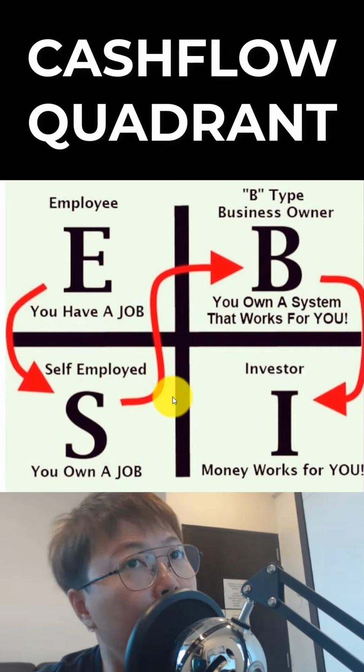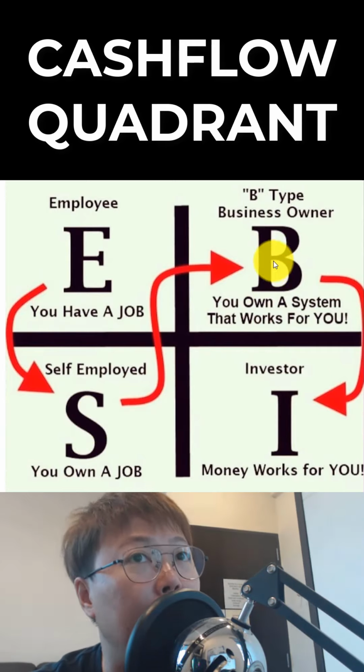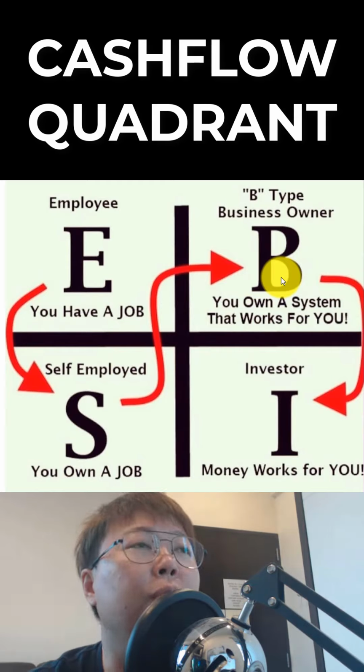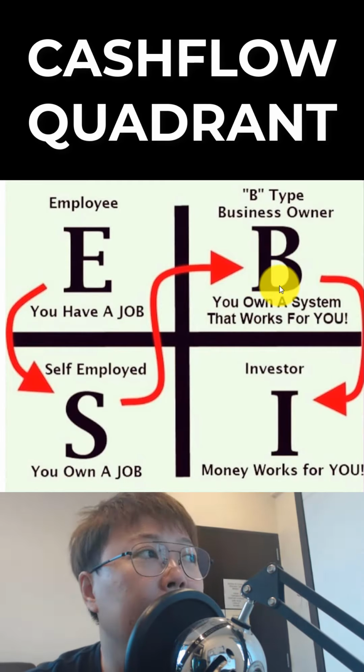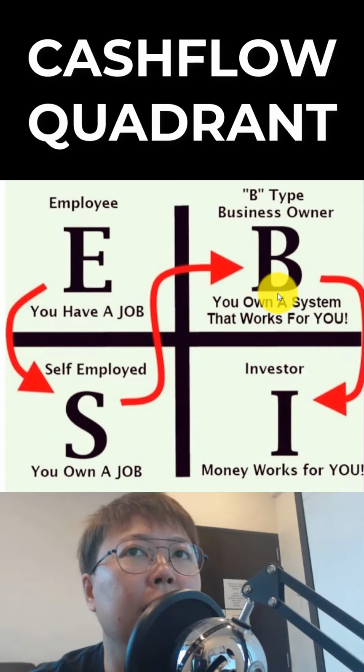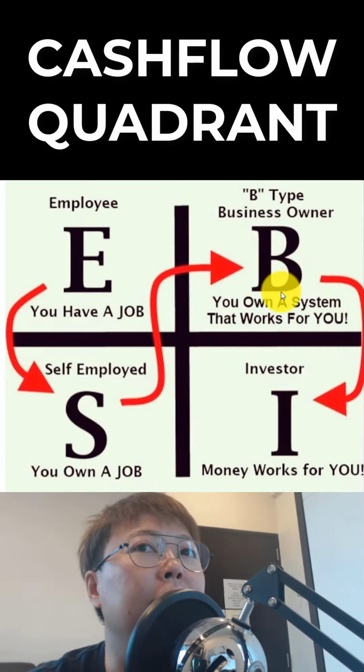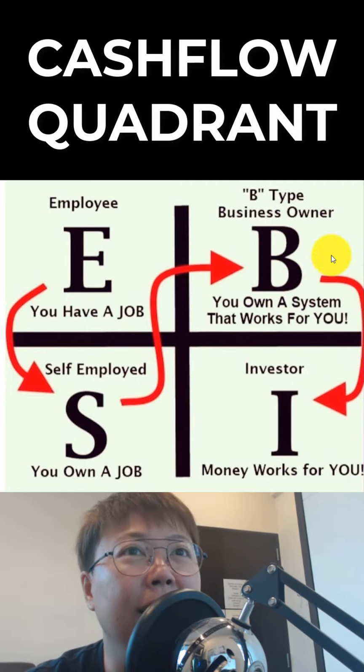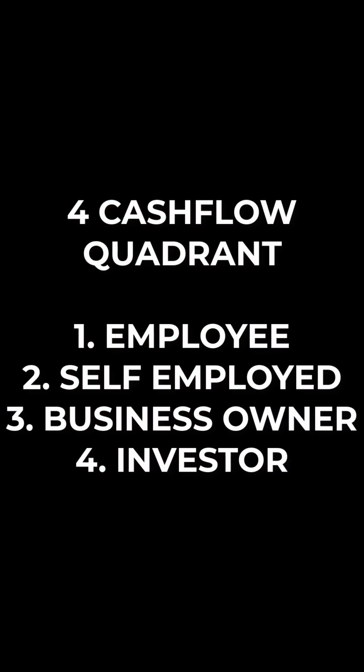Then you move on to the next quadrant, the business owner, which means you have people working for you or together with you, a system to leverage on, so that it helps you make more money and gives you the time that you are looking for. This is where the business owner is able to achieve freedom. Here is the freedom, and here is the financial freedom. So now you have understood the 4 quadrants.